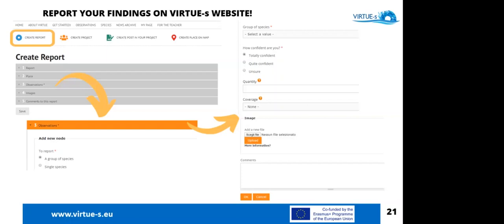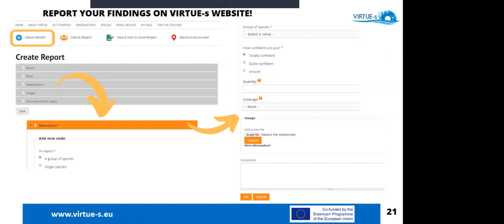So we encourage you to create a report of observation. After logging in to the Virtuous website, you can create a report and add your observation. You can add a report for a group of species or a single species, and you can also indicate the degree of confidence, whether you are totally confident, quite confident, or unsure.